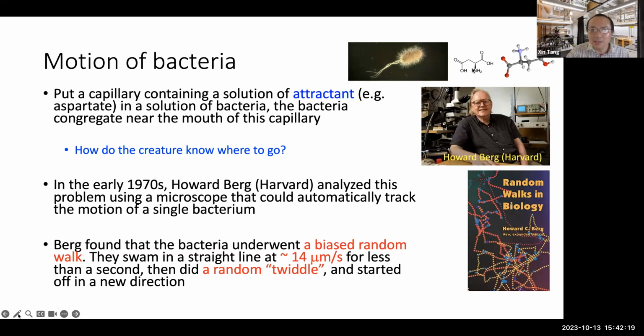In his lab, he first used a glass capillary containing some chemical, usually the food of the bacteria, called an attractant, such as aspartic acid, the molecule shown here. He put the capillary in front of some bacteria, and the nutrient diffuses into the liquid and generates a gradient, which the bacteria sense.